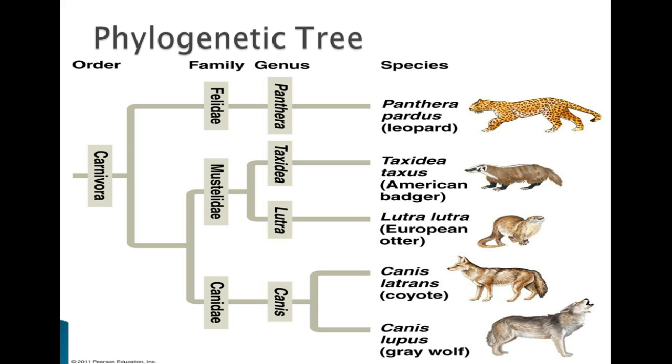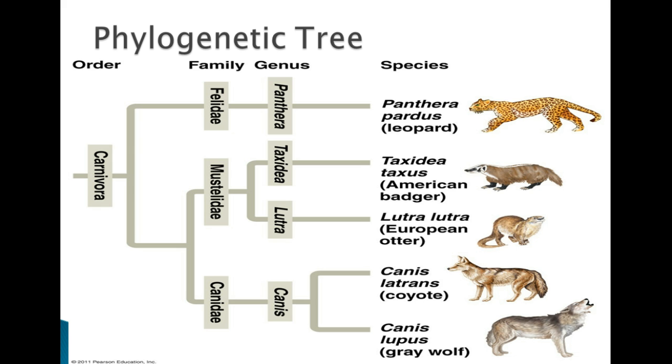Now, what this tree tries to indicate is the evolutionary history of these animals and any common ancestors they are hypothesized to have had. Also write that down. The key word there is hypothesized. Remember, a hypothesis is an educated prediction.